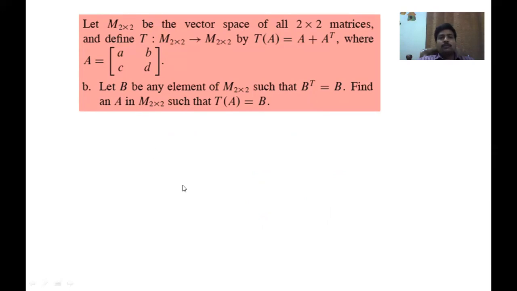Now we have to find an A in M2 by 2 such that T of A is equal to B, where B has the property B transpose is equal to B. B is an element in M2 by 2 such that B transpose is equal to B. Then we need to find a matrix A such that T of A is equal to B.